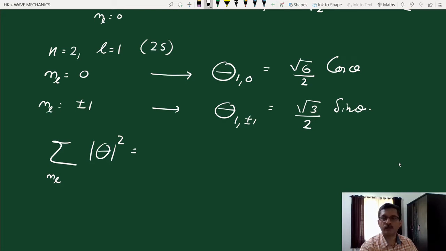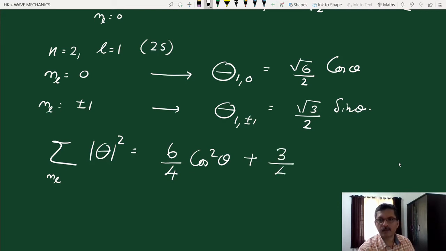When you take the square of that one, root 6 by 2 cos theta whole square, we get 6 by 4 cos square theta, plus then ML equal to plus 1 and ML equal to minus 1. For ML equal to plus 1 and minus 1, the expression is the same, root 3 divided by 2 sine theta. So we have 3 by 4 sine square theta for ML equal to plus 1, another 3 by 4 sine square theta for ML equal to minus 1.